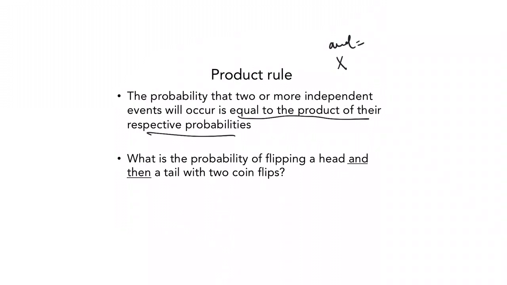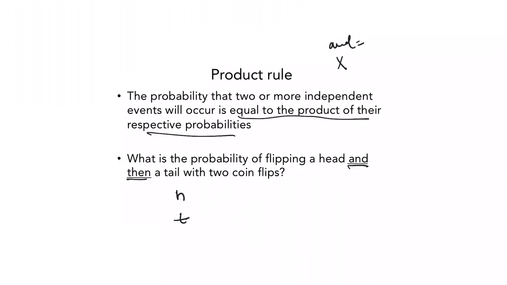An illustration of this is in this question. Remember I said early on that words really matter. How questions are asked matters. This question asks, what is the probability of flipping a head and then a tail with two coin flips? That means that on the first flip you want a head, and then on the second flip you want a tail.